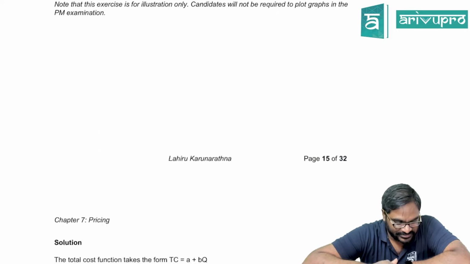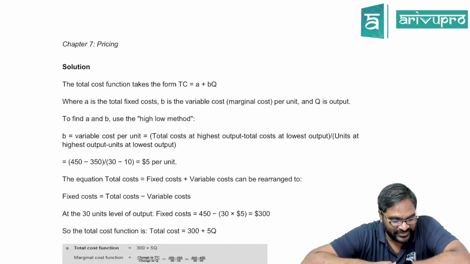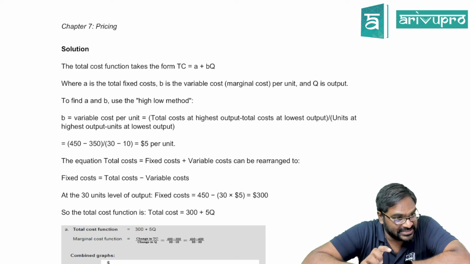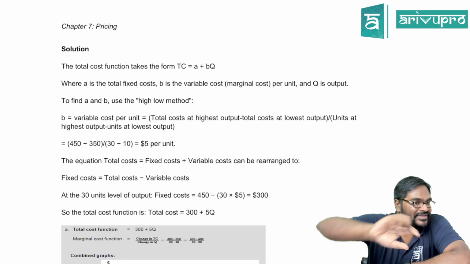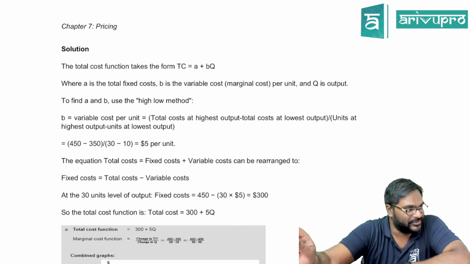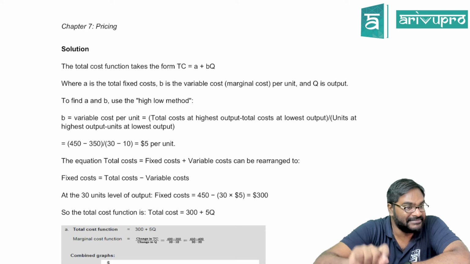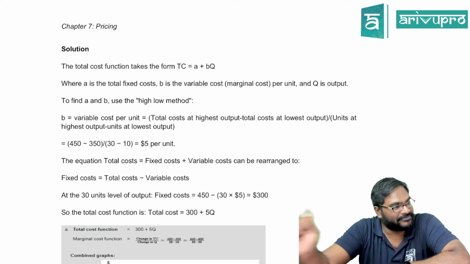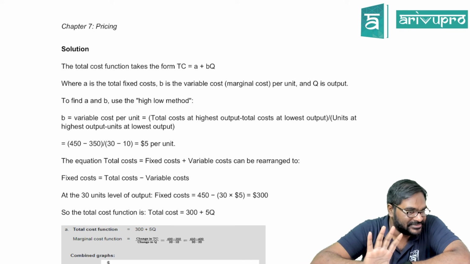Okay. So first we have to establish the total cost. The total cost function would be the other way of the pricing function. That would be A plus BQ. Price function was A minus BQ. Total cost function would be A plus BQ. Are we good?